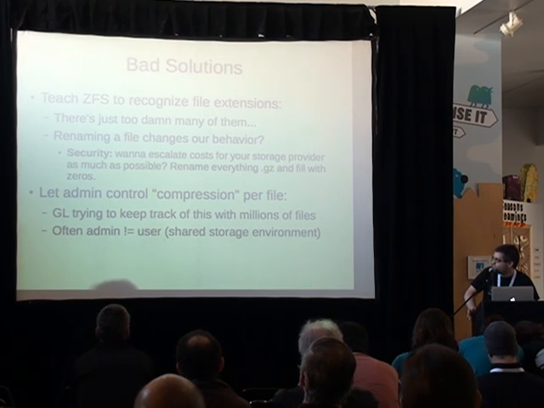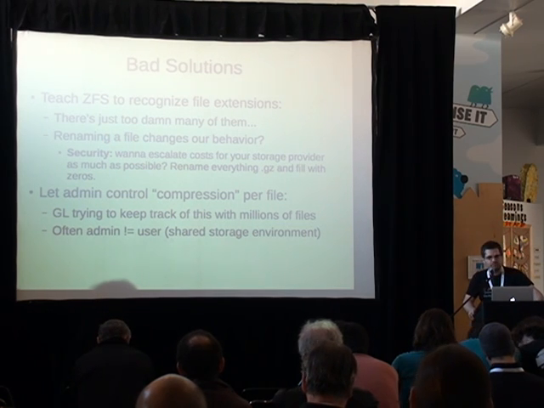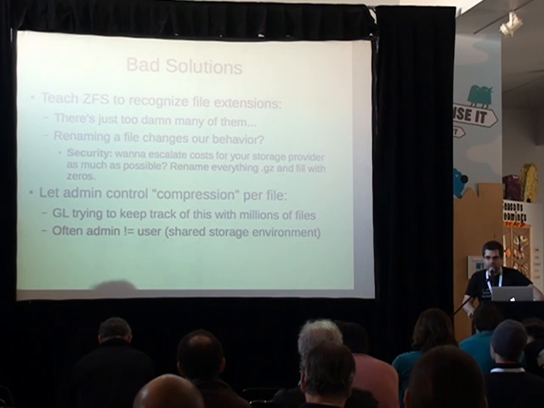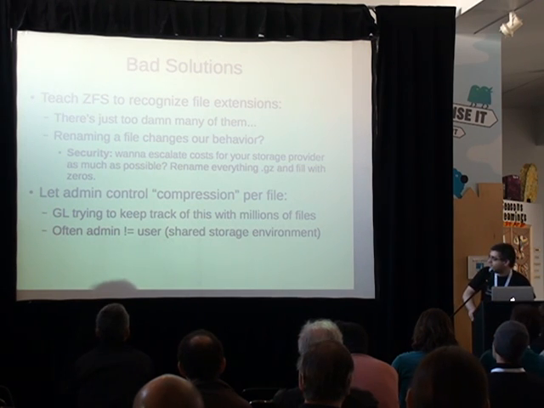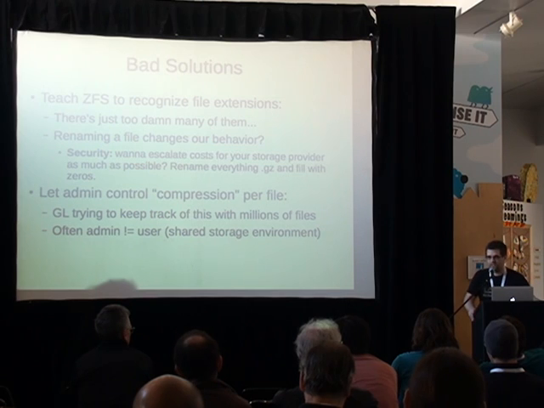The other solution there is, let's just make compression per file a property. We'll let the user decide. Yeah, good luck trying to keep track of a few million files and try setting the compression on them. There's tricks you can do with directories and stuff like that, but pretty quickly you're going to be sick and tired of it.